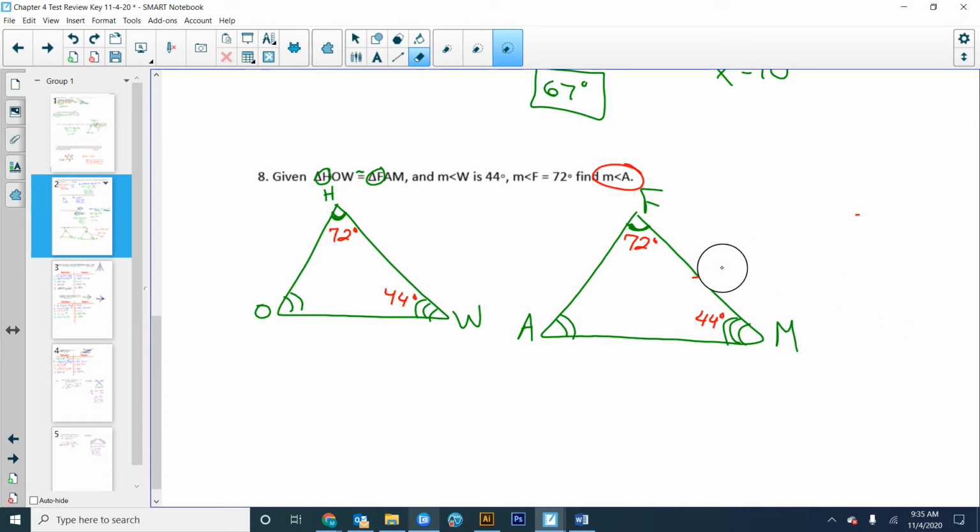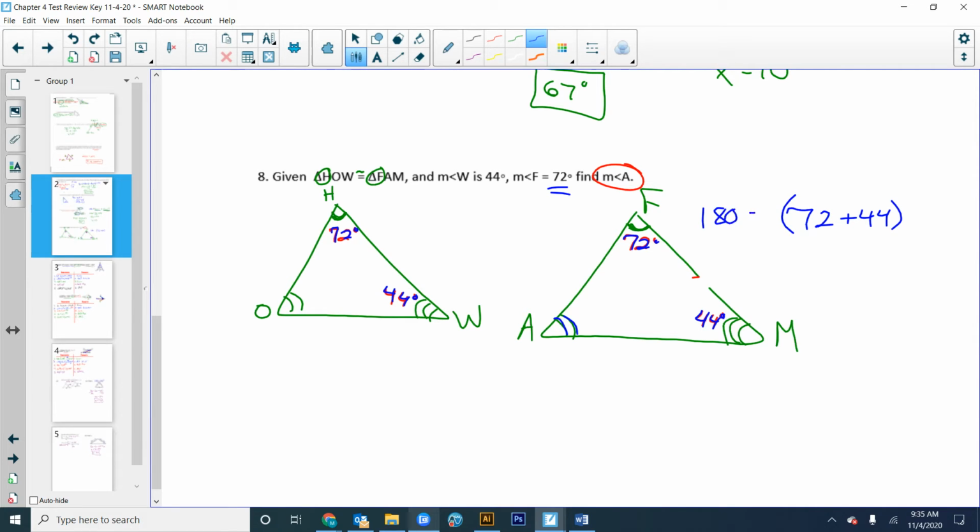So when I start labeling these, they told me W is 44. So if W is 44, then I knew M was 44, because they're congruent. If F is 72, then I knew H was 72, because they're congruent. So then to find A, couldn't I add up 72 and 44 and subtract it from 180 to find out what the third angle is remaining?